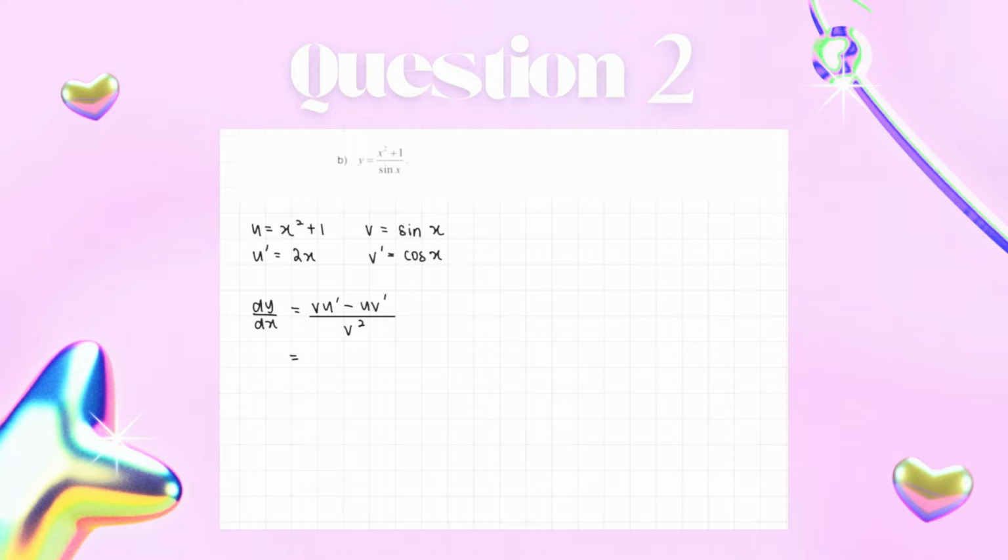So I get sin x, u' is 2x, minus u is x^2 plus 1, and v' is cos x.